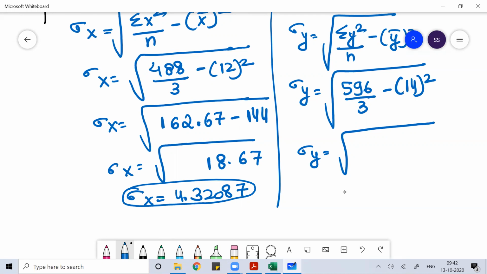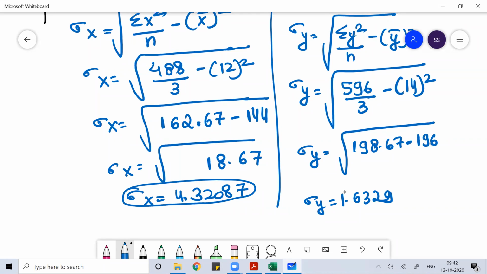So 596 divided by 3 minus 196. You are getting a value called 1.6329. So let me confirm. 596 divided by 3 is 198.66, 198.67 minus 196.